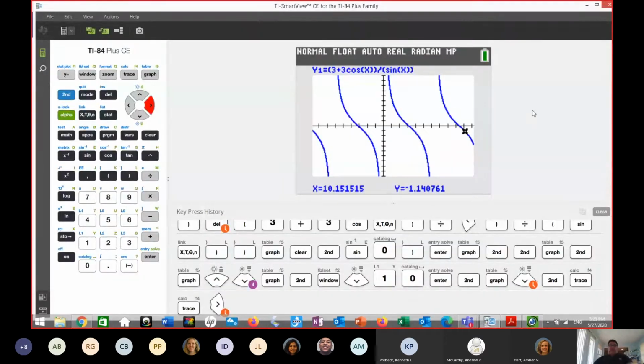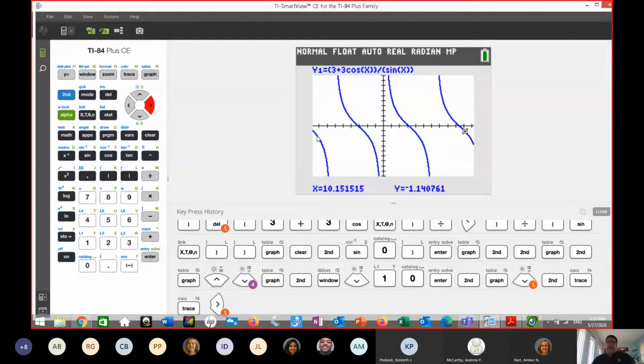So you've got a vertical asymptote going right here, right here, and right here. Does everybody see that? Now I can't draw that because I don't have a whiteboard. But right there, there's a vertical asymptote. Right there, there's a vertical asymptote. And right here, there's a vertical asymptote.